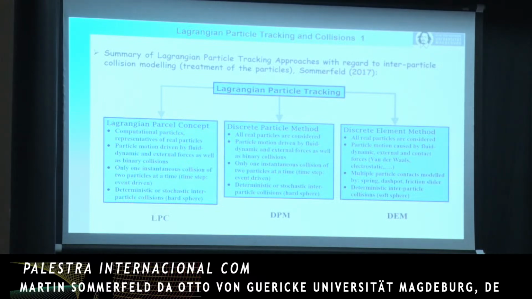You can take different models to model these contacts, like the spring-dashpot-friction-slider model, which was first proposed by Cundall and Strack, and Tsuji introduced it in the particle technology community. With a soft-sphere collision, you resolve in some way the deformation.